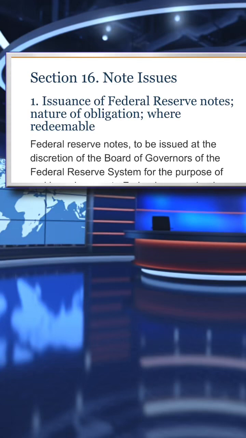The United States or any agency thereof, or assets that Federal Reserve banks may purchase or hold under Section 14 of this Act, or any other asset of a Federal Reserve Bank. In no event shall such collateral security be less than the amount of Federal Reserve notes applied for.